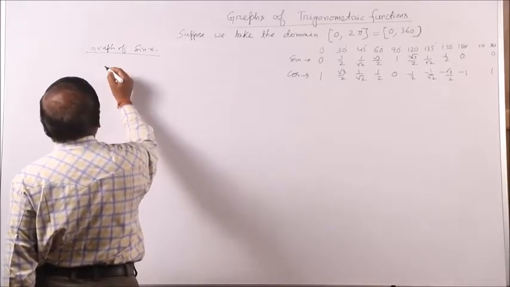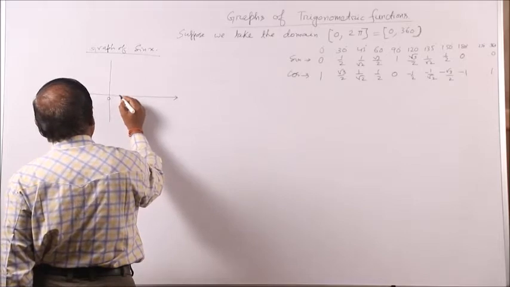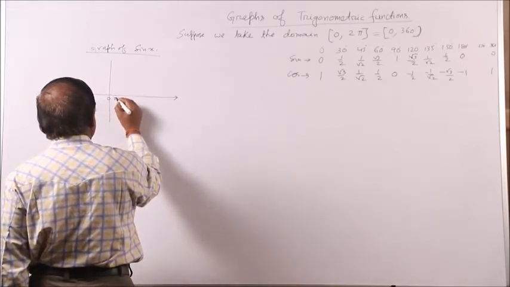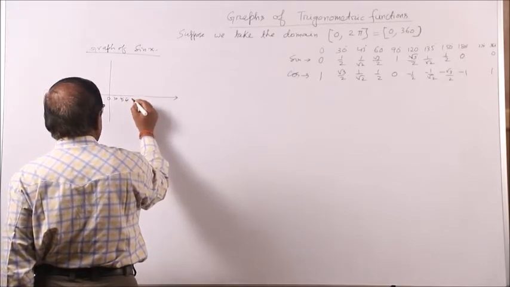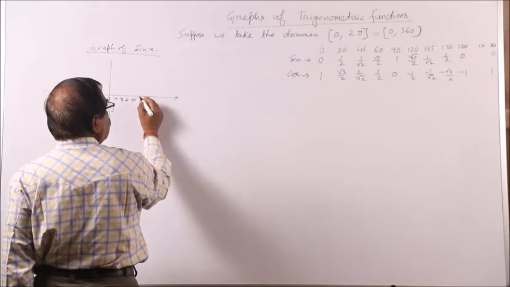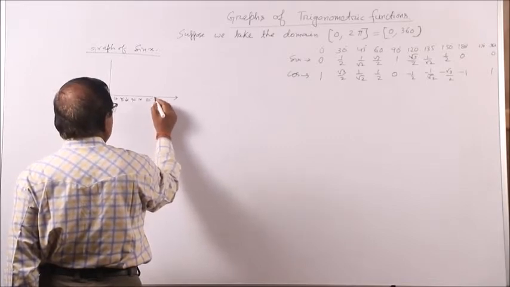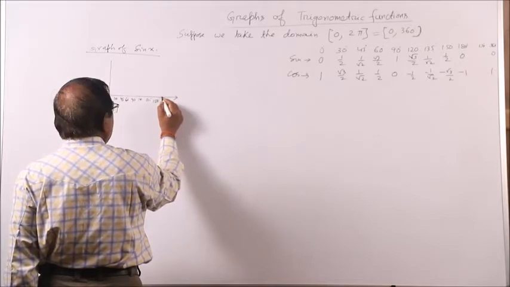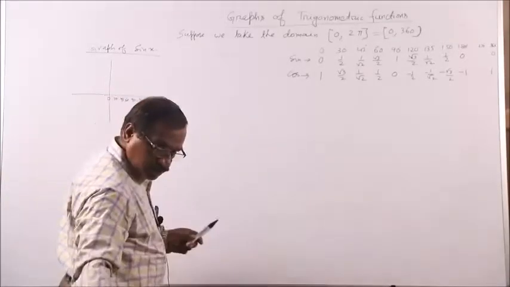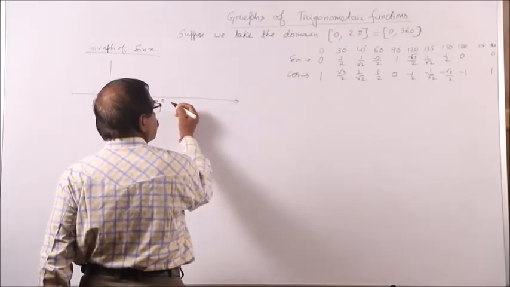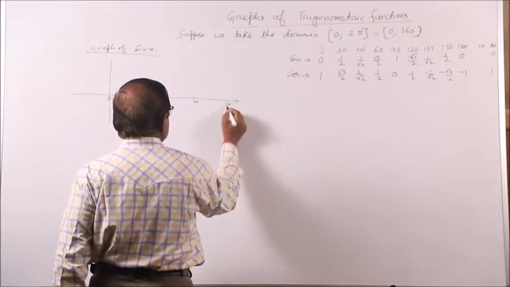See, zero, say 30, 45, 60, 90, I mean 120, 135, 150, 180, say this is 270, say this is 2 pi, that is 360.